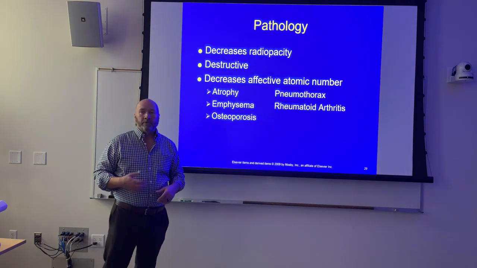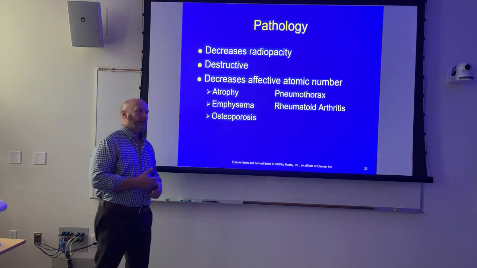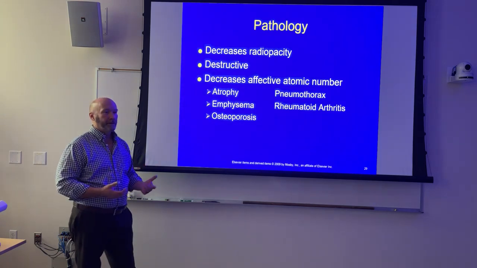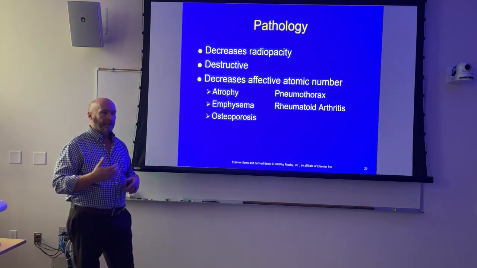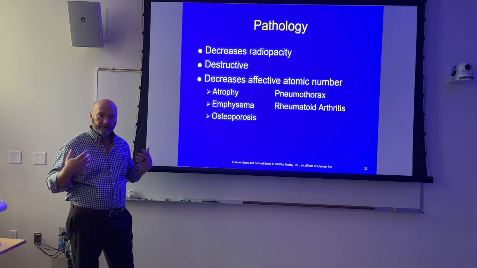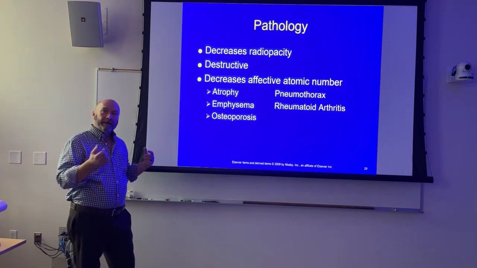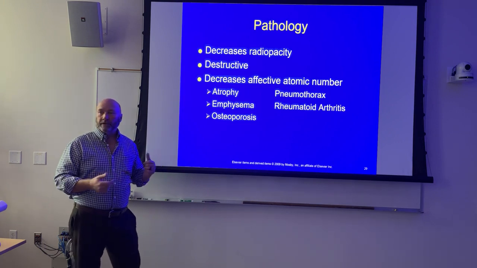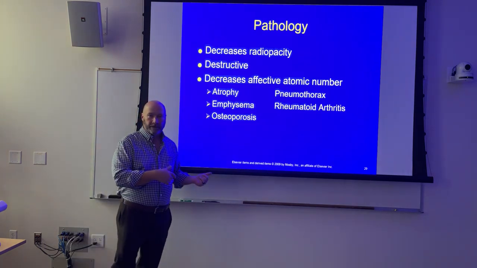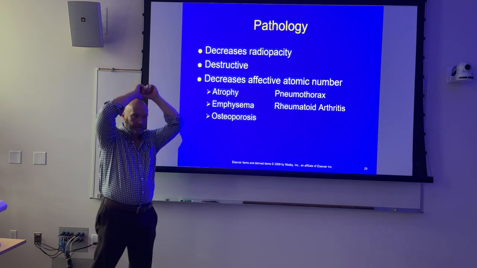But you also have what we call disuse osteoporosis. If the patient has a shoulder that's locked and they can't move it very well, then you may find yourself in a situation where you have to do a lateral chest x-ray on a patient who can't get their arms up, right?